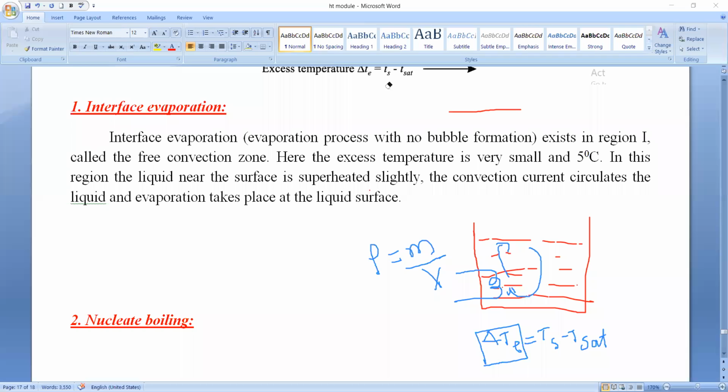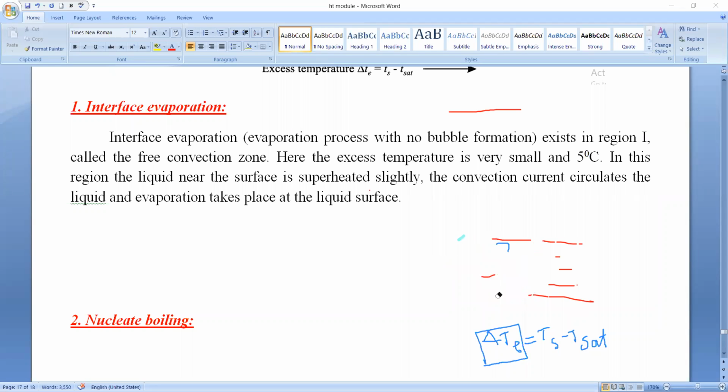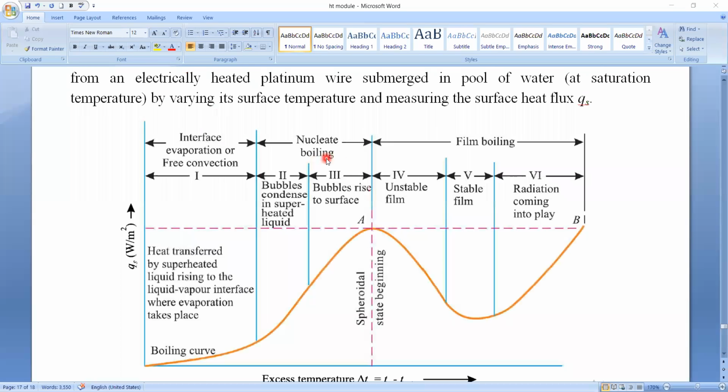Now let's go to the next regime, that is called nucleate boiling. The second regime is nucleate boiling. Nucleate boiling is further divided into two sub-regimes.